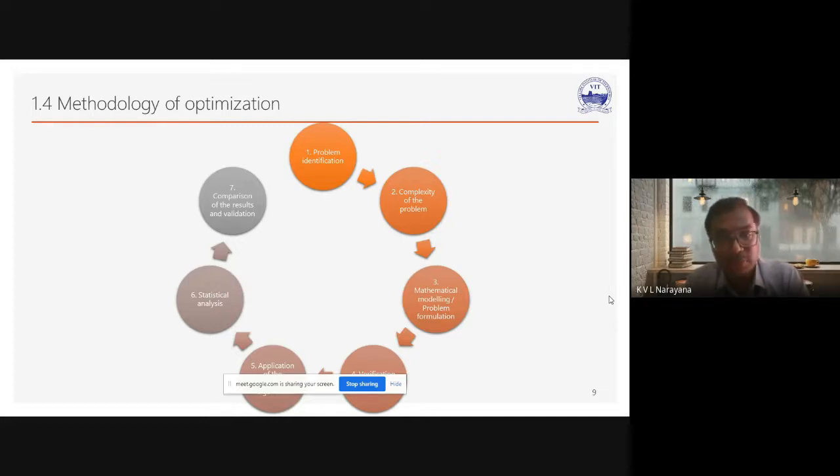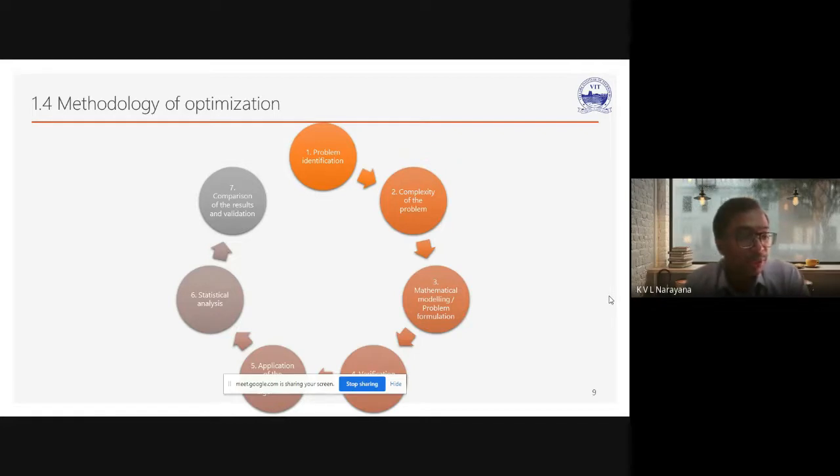So whether the complexity of the problem is less or more, we also have to consider that while optimizing the problem. And the third important step is we have to make sure that we are dealing with the right mathematical model with accurate problem data. Every problem has some data. That data is to be utilized properly for modeling the problem.